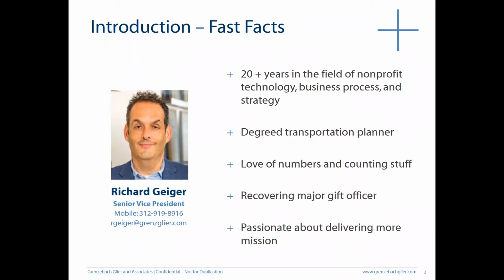But transportation planning is actually where I first got my taste and my love for numbers and counting stuff. And so I have a real passion for using data to make decisions and having confidence in what that data is telling us to help tell a story, right? I'm a recovering major gift officer, so any of you on the phone who are major gift officers, I have walked in those shoes at some point in time, and I'm very passionate about helping organizations deliver more mission, and I've been pretty fortunate over the past 20 years to be able to do that.